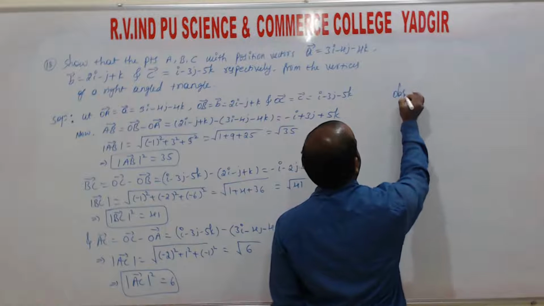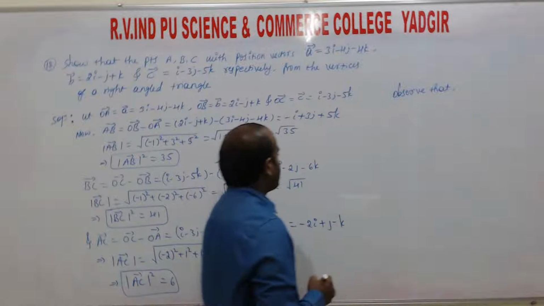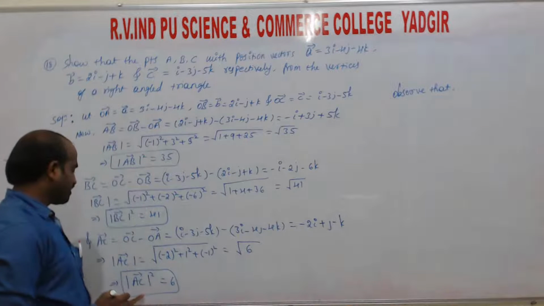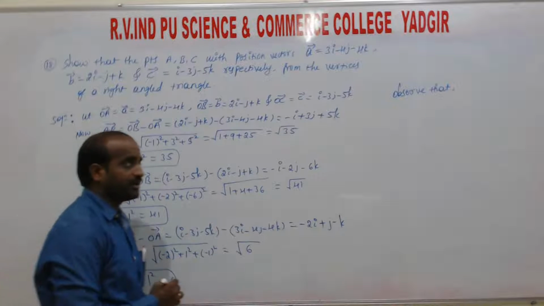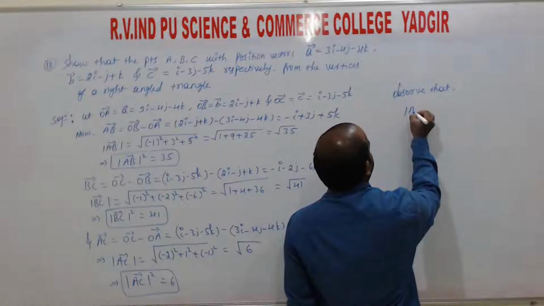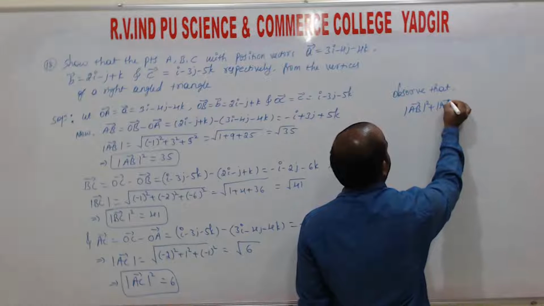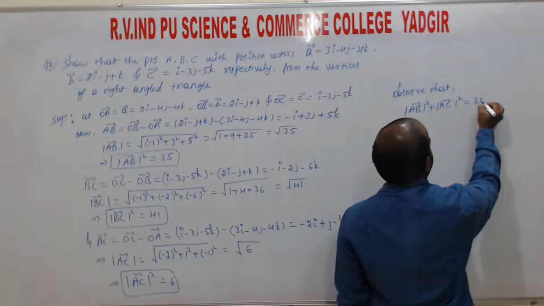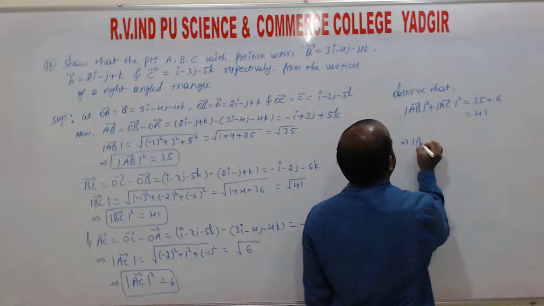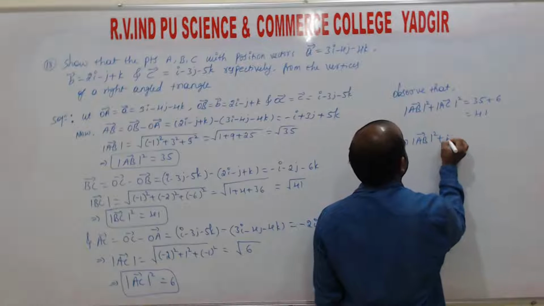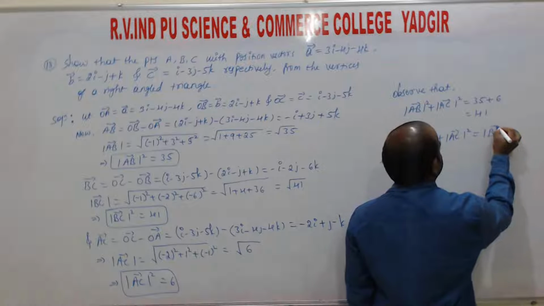Observe that the magnitude of AB squared plus the magnitude of AC squared is equal to the magnitude of BC squared. 35 plus 6 is 41.